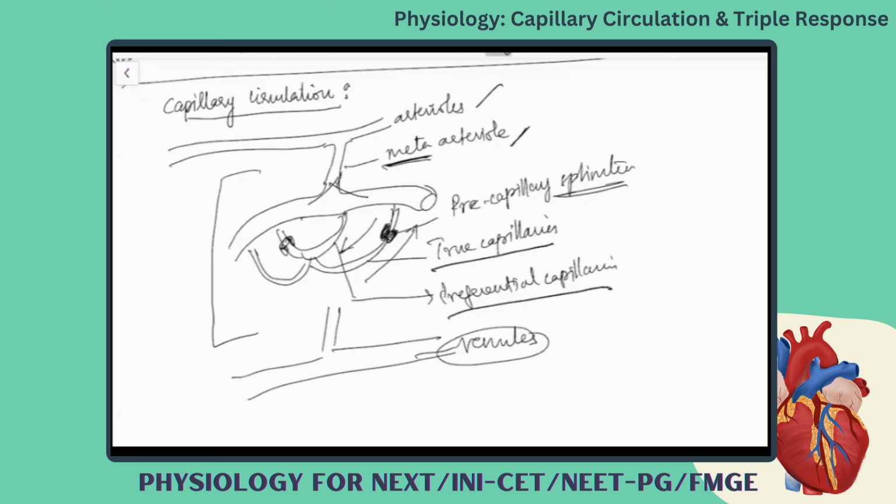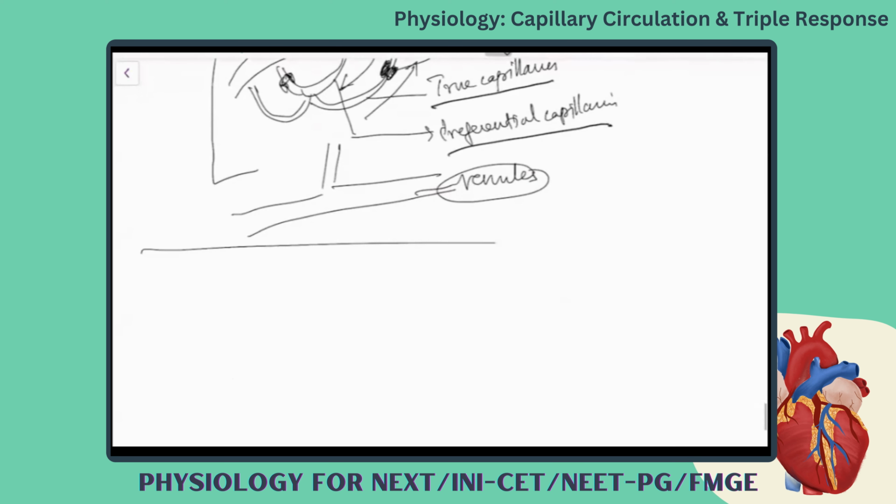And the next thing, the last part in the cardiovascular system, is the triple response. What is meant by triple response? Any idea? See, if you take a smooth rod which is not sharp, any surface or substance which does not have a sharp end, and you stroke the skin of your body anywhere.